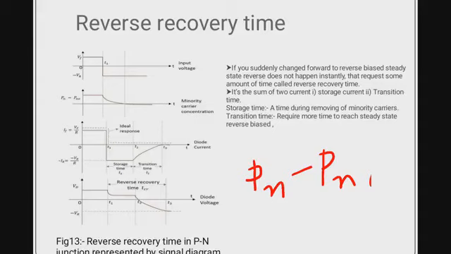At that time T1, the cut-in voltage duration of the diode, we are getting the cut-in voltage which is at this point in this diagram, which is 0.6 or 0.7 for silicon and 0.3 or 0.2 for germanium. That is very small because this is in forward biased case. So this is the difference which I have shown over here, Pn minus Pn0.